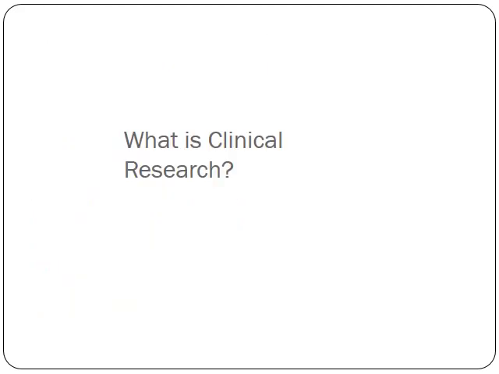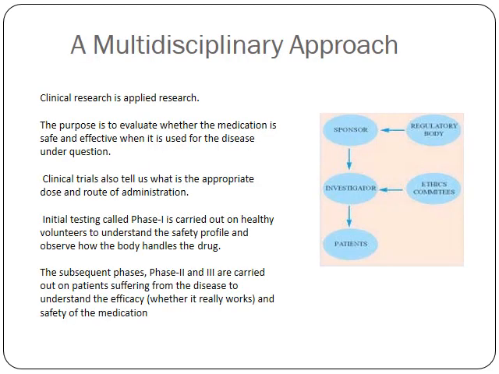So first of all, let's begin the module with the basics, which is: what is clinical research? Students, I am sure that all of you might have some familiarity with clinical research. So let's start with the formal definition. Clinical research is a multidisciplinary approach, and it is an applied research.